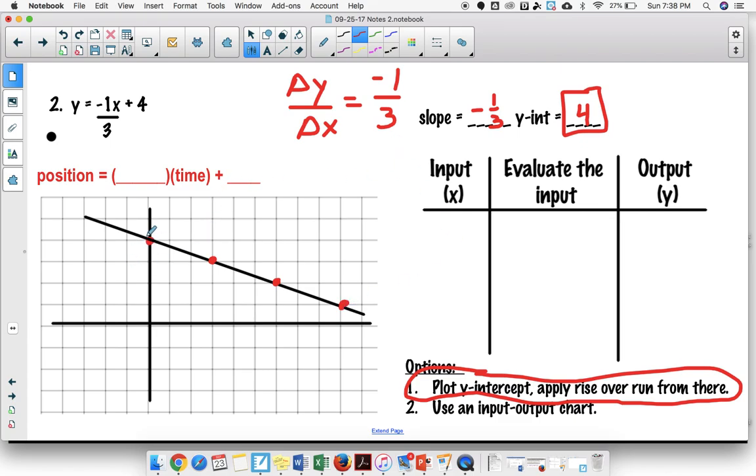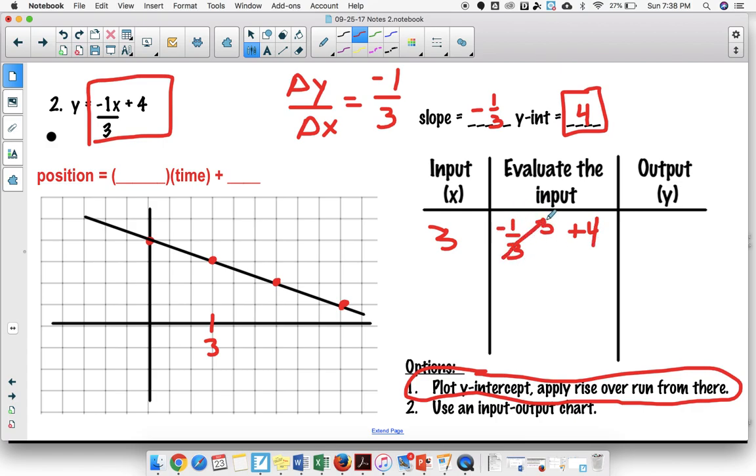So let's just verify a few of our points. So this is an input of 3. Let's just see what happens if we pick an input of 3. So I'm going to use the right side. I'm going to say -1/3 times my input of 3. And then we're going to add 4. So PEMDAS says to evaluate the multiplication first.